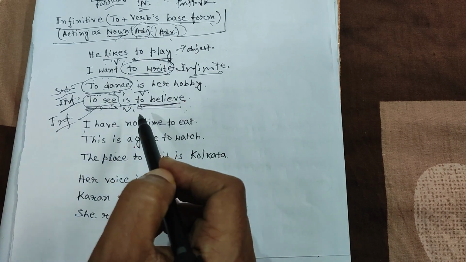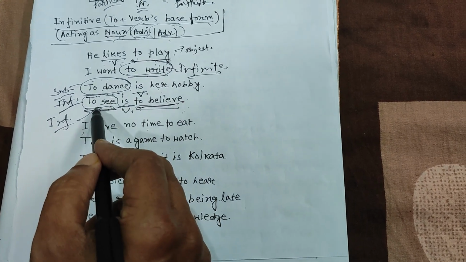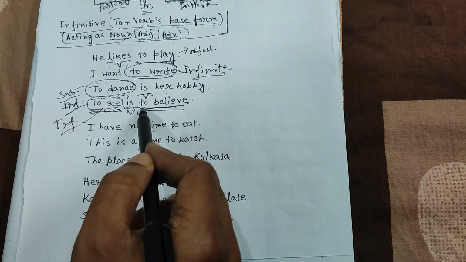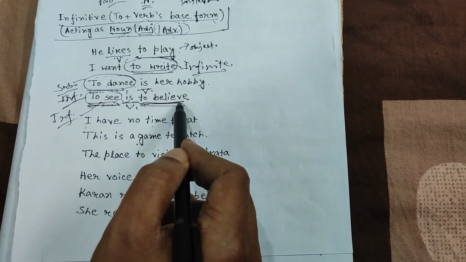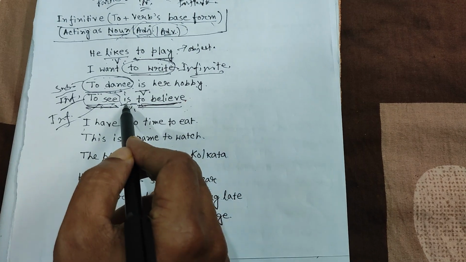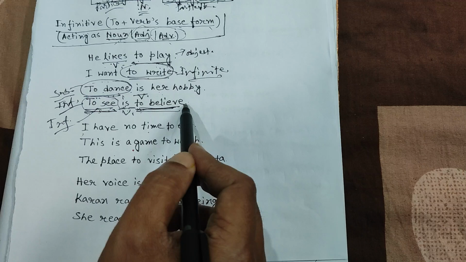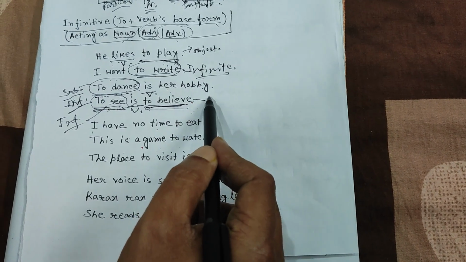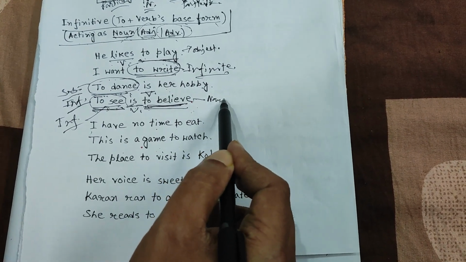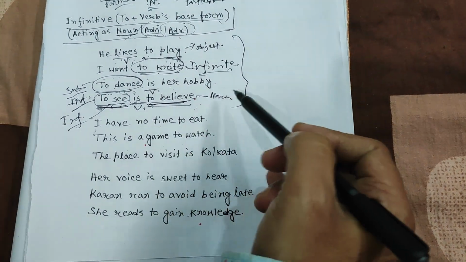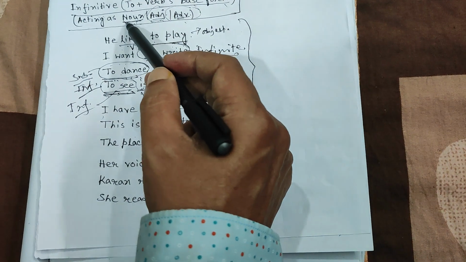As I have told you, the subject in the sentence is a noun. But what is to believe here? How is it used here? It is the complement of the verb. So it is also used as a noun. So all these four sentences are showing the role of infinitives as a noun.